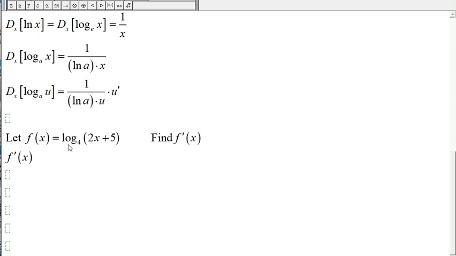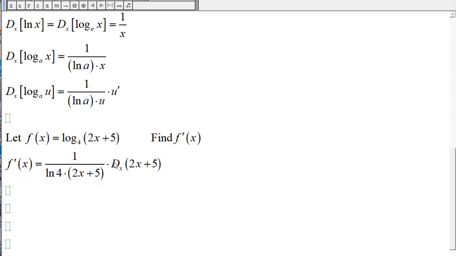So it would be 1 over ln 4, times the expression 2x plus 5, which is the u, and then we multiply by the derivative of the expression 2x plus 5.